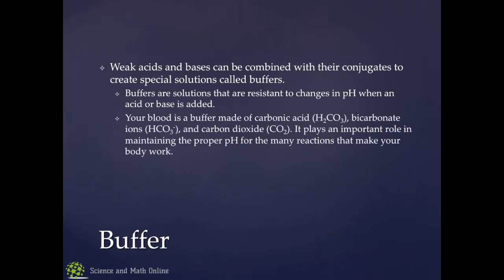For example, your blood is a buffer, and it has three chemicals involved. It has carbonic acid, the bicarbonate ion, and carbon dioxide. And it can shift between all three of these whether you add an acid or a base, and it helps to control the pH. This is important because it keeps your pH in your body pretty consistent.